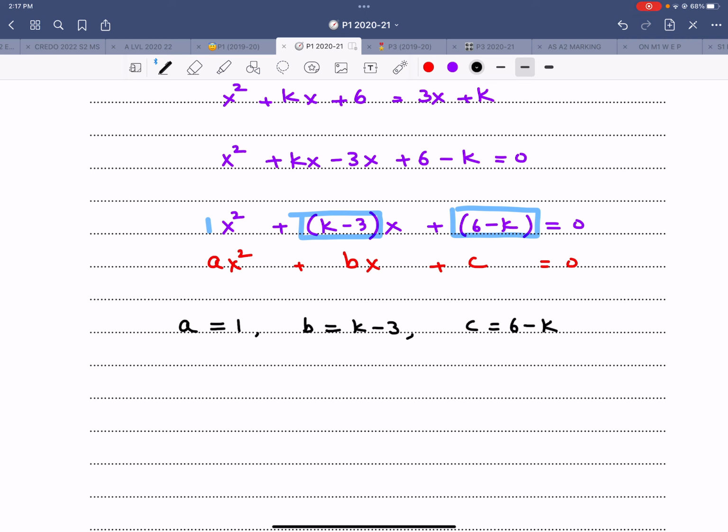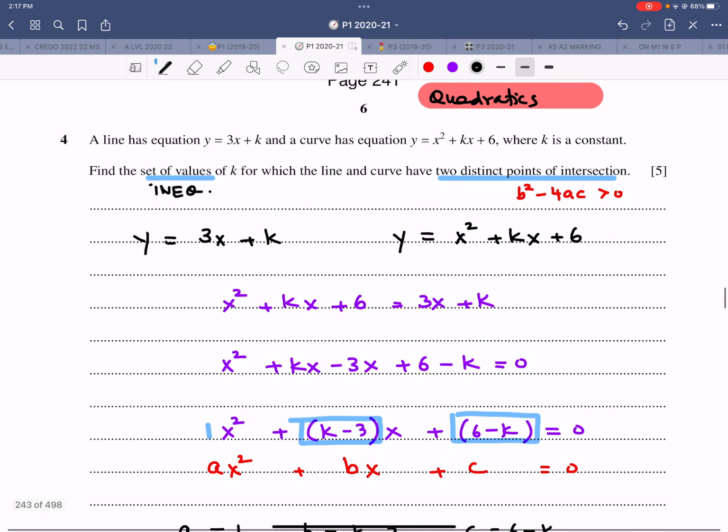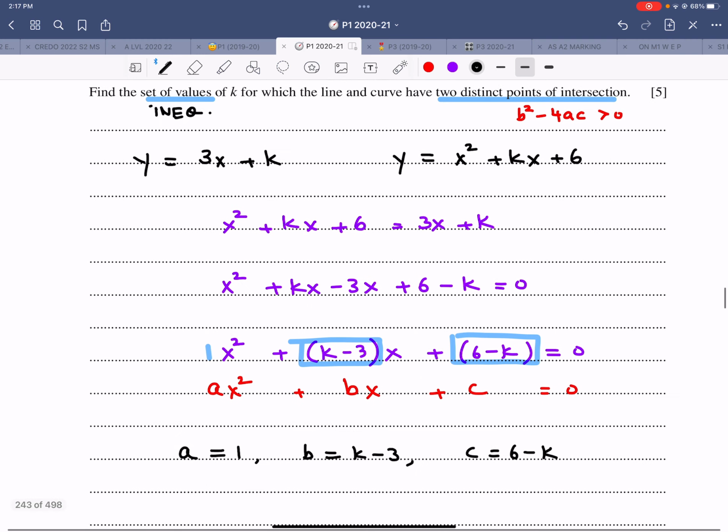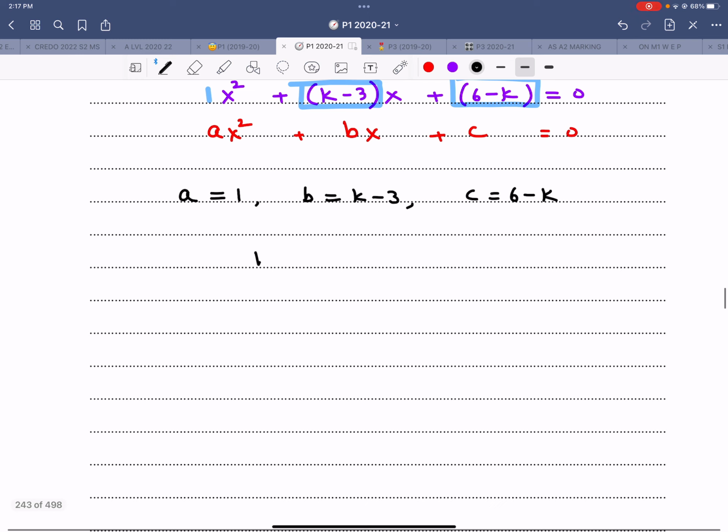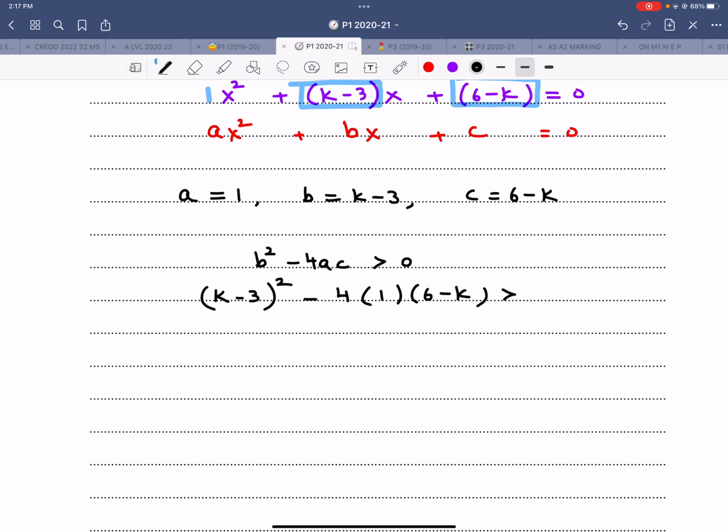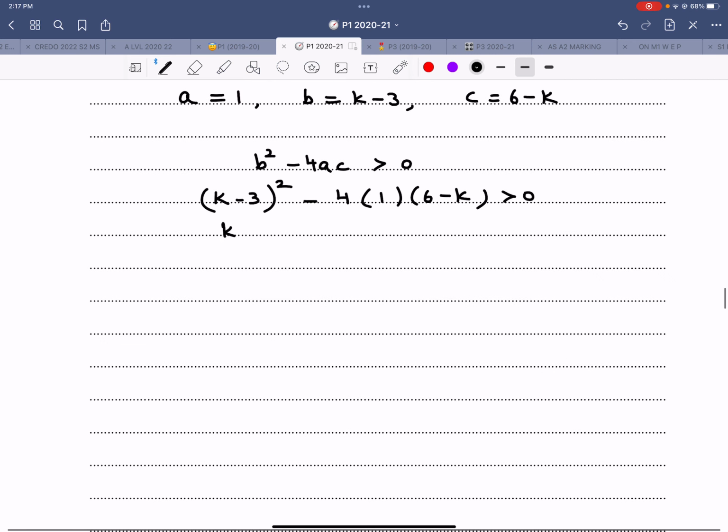Feels like you would end up with a quadratic inequality. How many marks? 5 marks. So now you would say b square minus 4ac is greater than 0. K minus 3 whole square minus 4 into 1 into 6 minus k is greater than 0. K square minus 6k plus 9 minus, I'm keeping the minus on the outside, 4 into 6 is 24, 4 into minus k is negative 4k, is greater than 0.